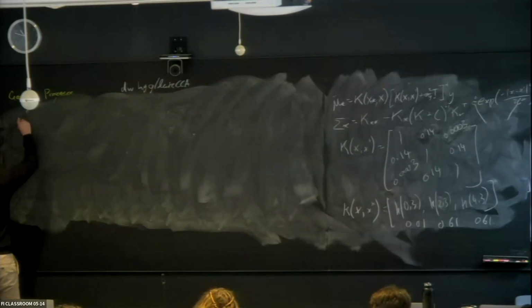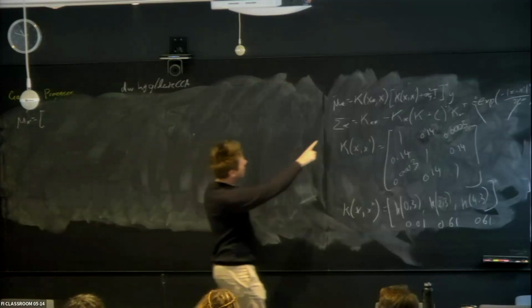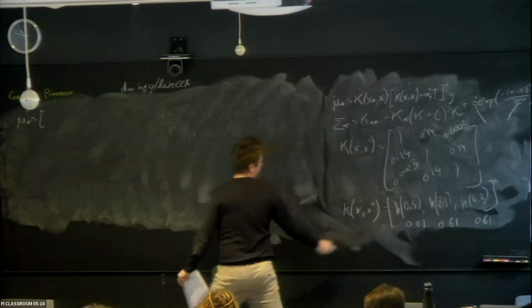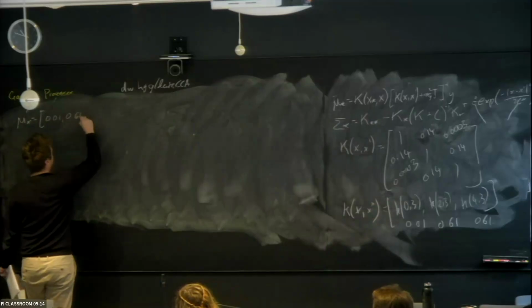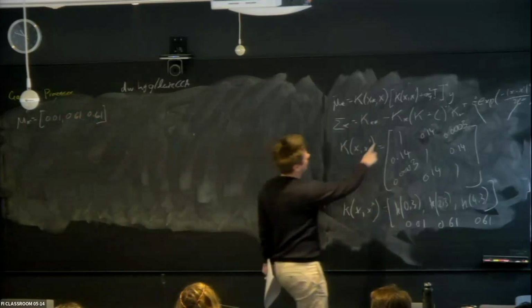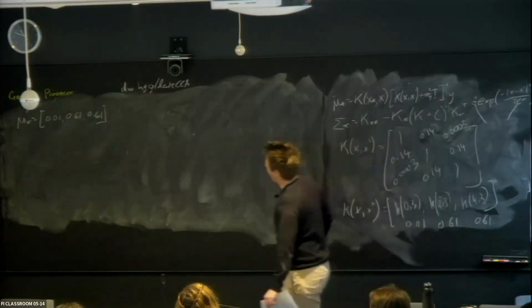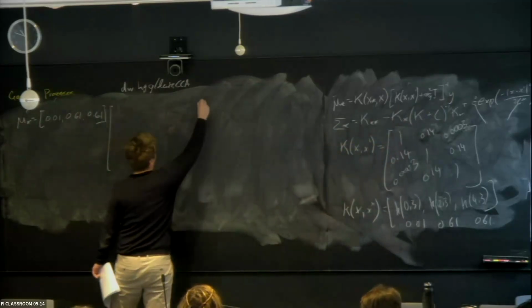So mu star is going to be our K star X being here, so 0.01, 0.61, 0.61. We have our big matrix now, KXX plus our thing, and we're going to add some uncertainties along the diagonal.